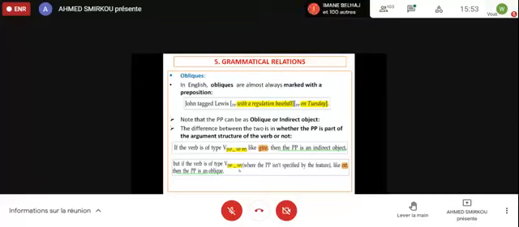So in this case, if the verb requires only two arguments, then the preposition phrase is not an indirect object. It's impossible. In that case, it's an oblique. So like it, then the PP is an oblique. Okay? So if the preposition phrase has an argument, which could be the indirect object, then it is an indirect object. If the preposition phrase has no argument, then it is an oblique.